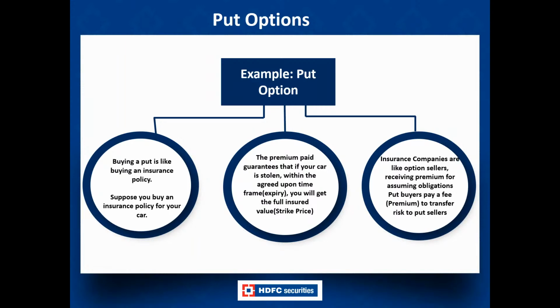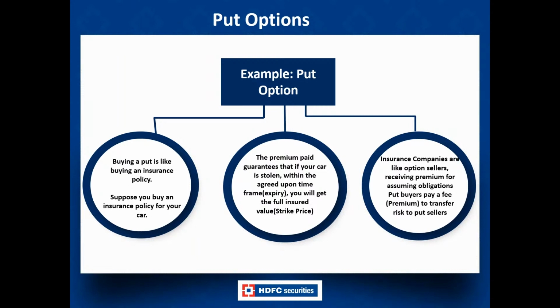How, basically? Suppose you have an insurance policy, vehicle insurance. How it works is, whenever you buy any insurance, you need to pay a premium to buy that insurance. Here also, if you buy a put option of any index or symbol, you need to pay a premium to buy that put option.